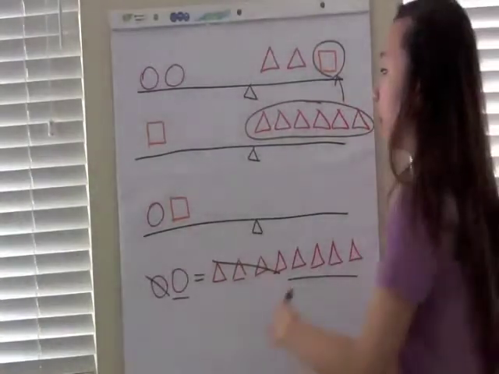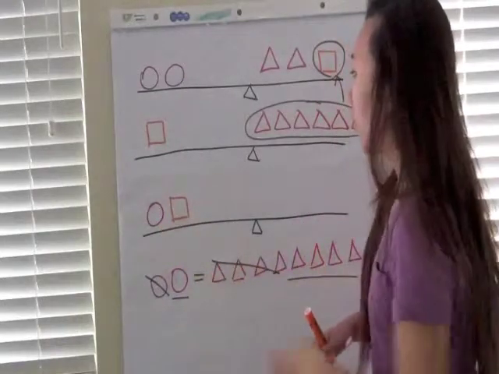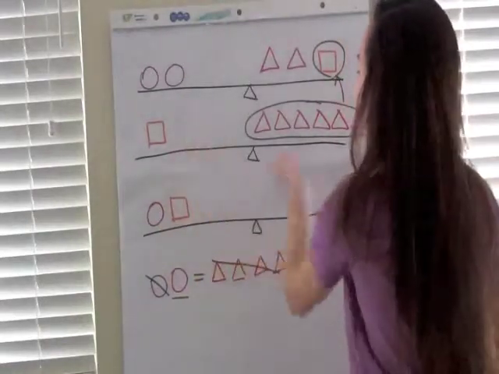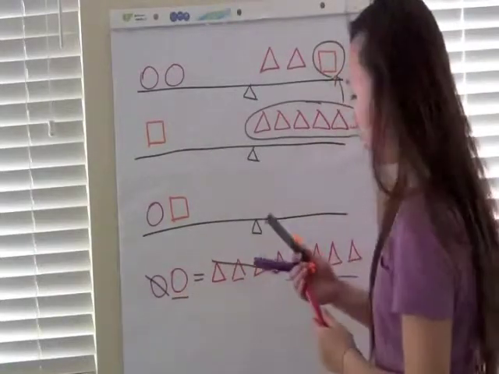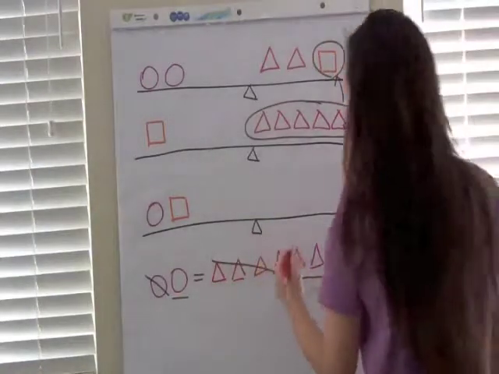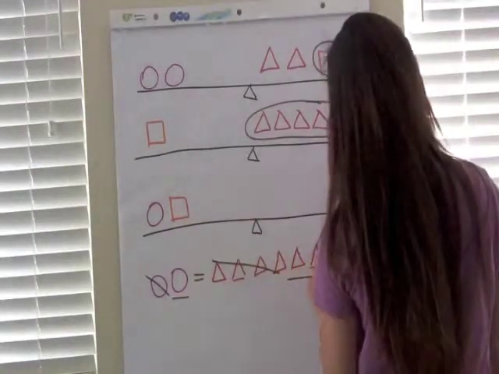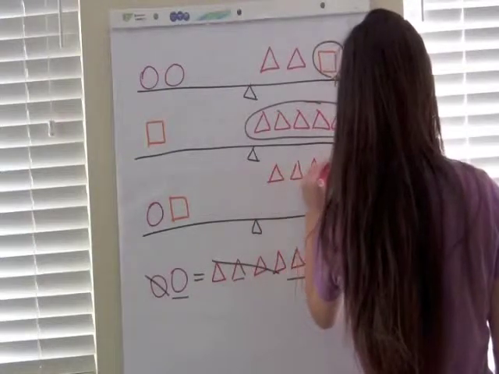Now, because we want to know how many triangles 1 circle and 1 square equal, we already know that a square is equal to 6 triangles. And now we know that 1 circle is equal to 4 triangles. So all we have to do is add them up. So 1 circle is equal to these 4 triangles: 1, 2, 3, 4.